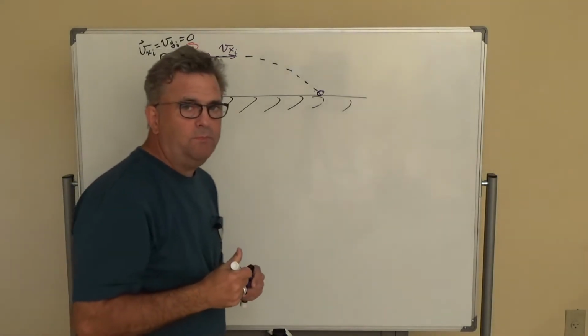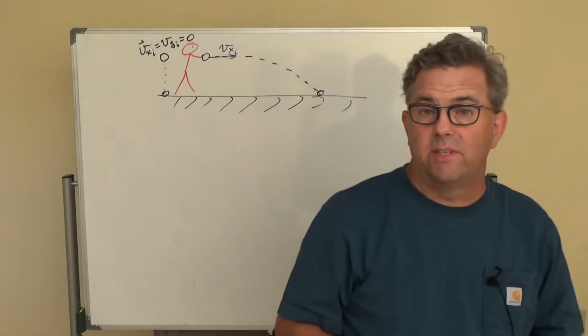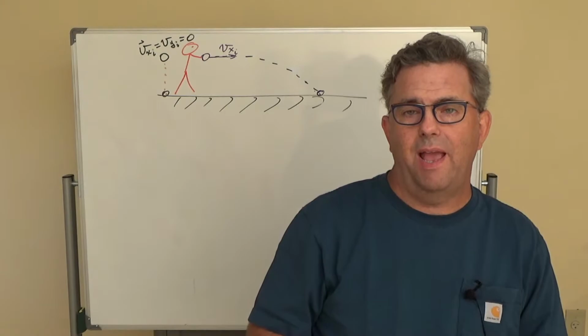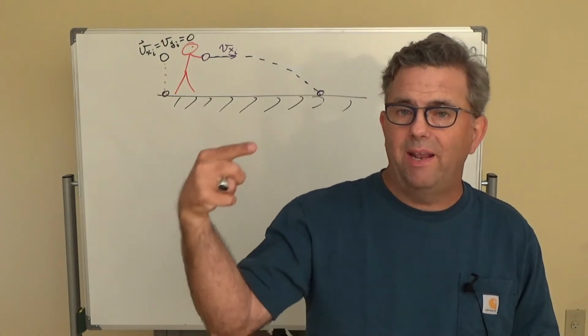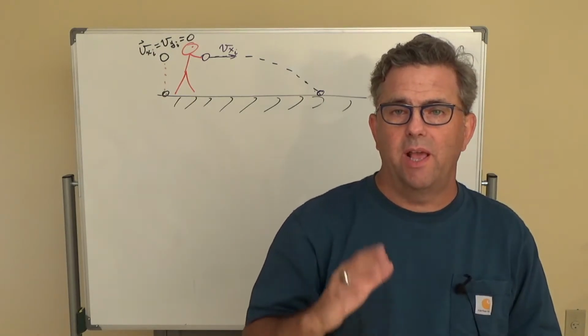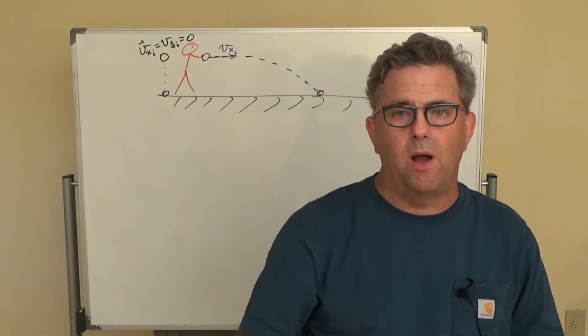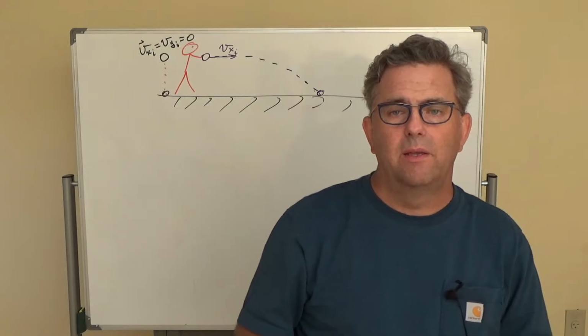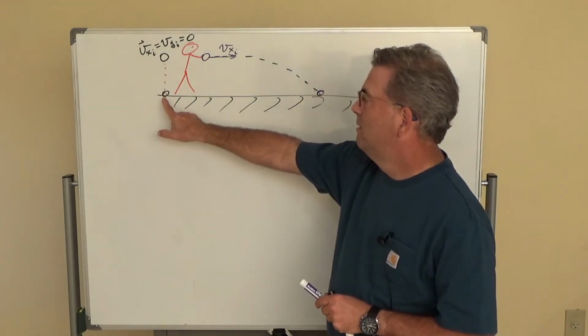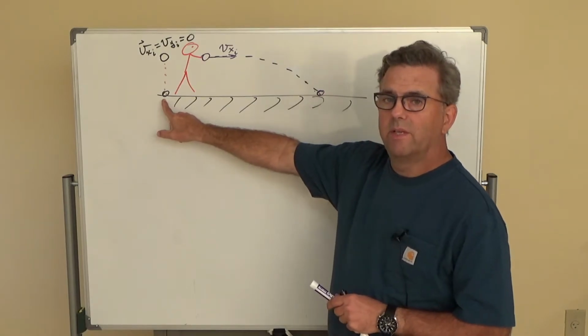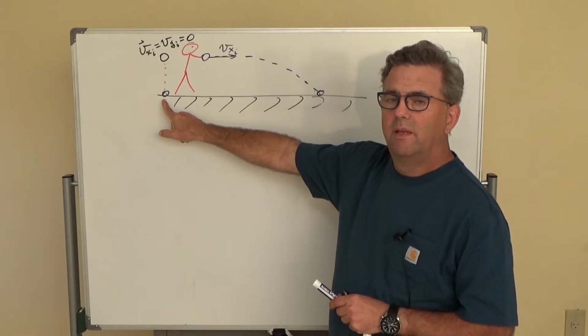Okay? That's the independence of the x and y coordinates. That initial velocity in the x direction had absolutely no effect on the y direction. Okay? This object will hit the ground at exactly the same time that this object hits the ground.